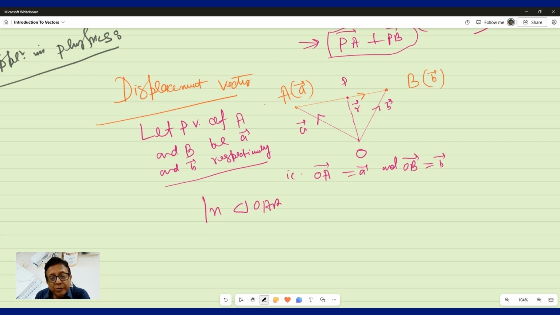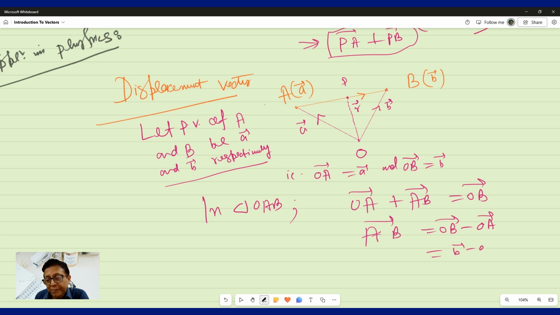In triangle OAB, use triangle law. OA plus AB equal to OB. Therefore, AB is what? OB minus OA, B minus A.